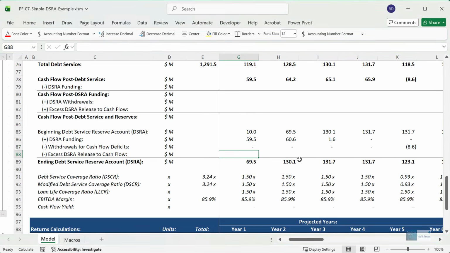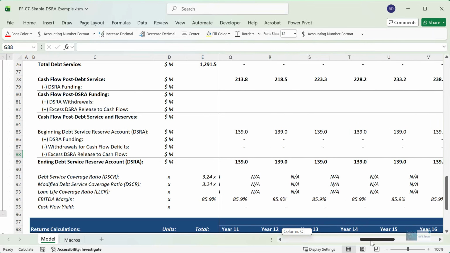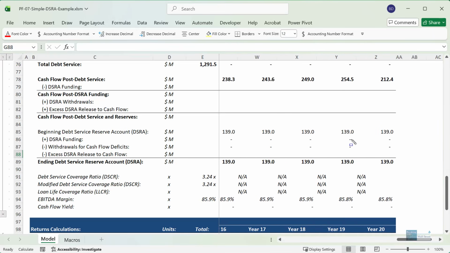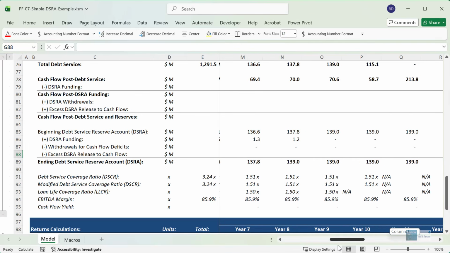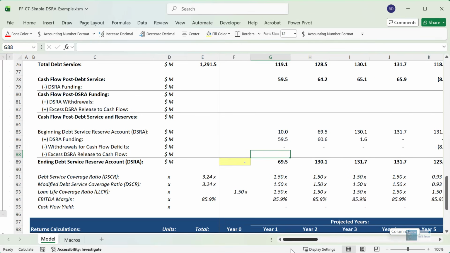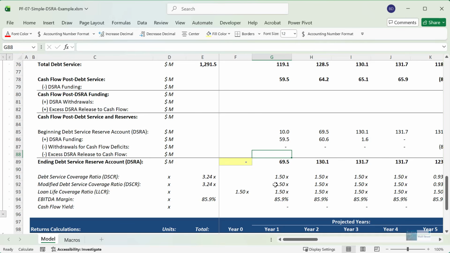Now, something else that happens here is that if you're not careful, the DSRA can simply stay in place at 139 million or whatever it is until the very end of the period here, which you don't want. What you want to have happen is that if you get to the point where you no longer need the DSRA, or where it's clearly too big for the upcoming debt service, you also want to be able to release some of the cash flows from it into the asset's normal cash flows.